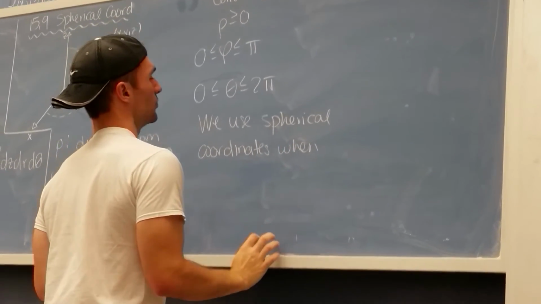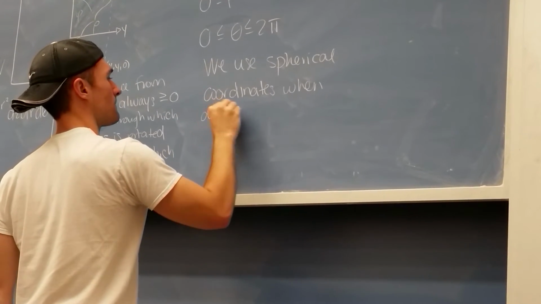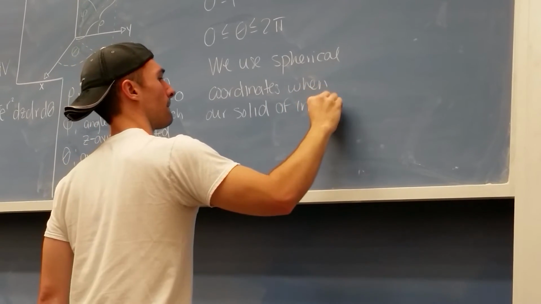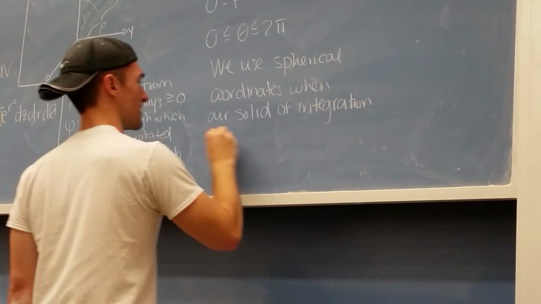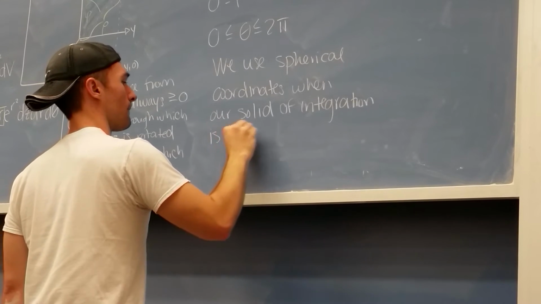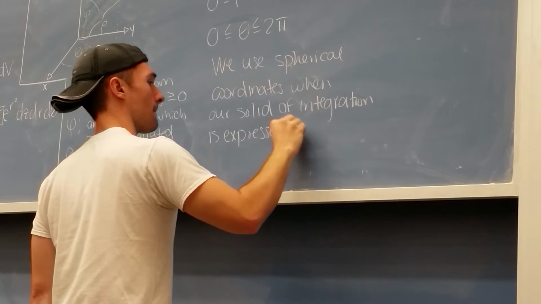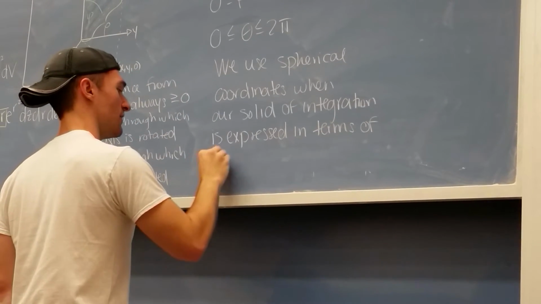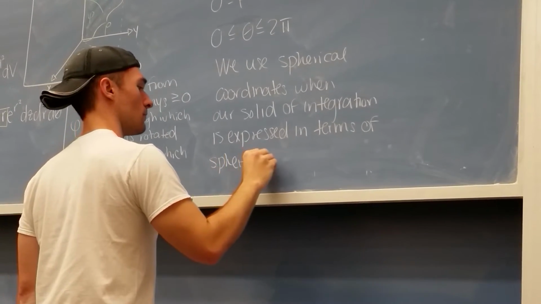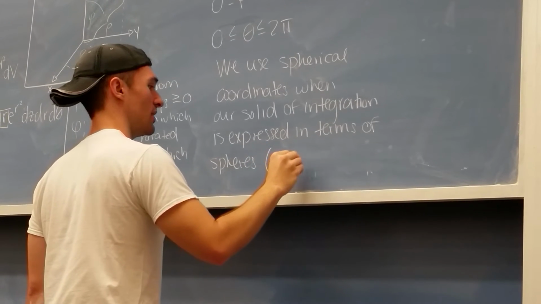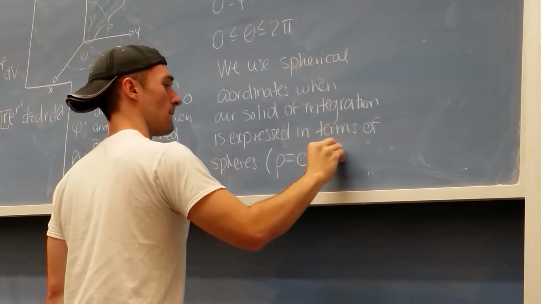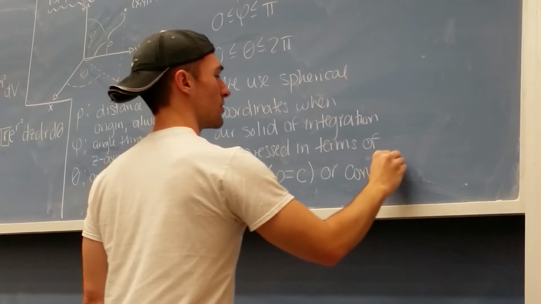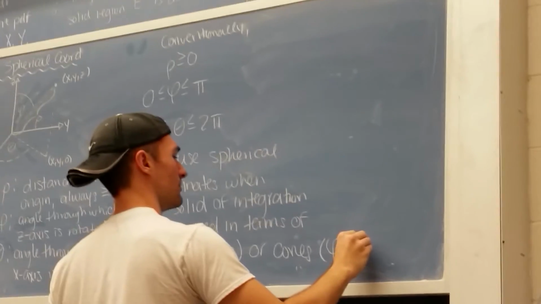So we use spherical coordinates when our solid integration is expressed in terms of spheres whose equations will be of the form rho equals a constant, or cones whose equations will be of the form phi equals some angle measurement.